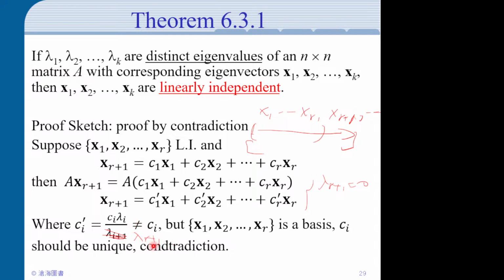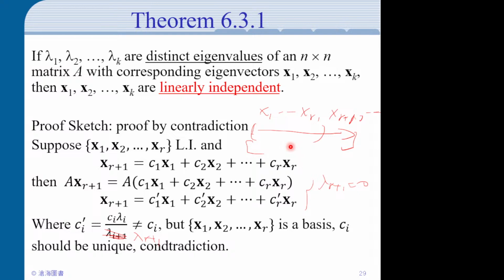But you know lambda r plus 1 is not equal to those lambda i, and so all those coefficients are different. And then you get a different coordinate in terms of this basis for your x r plus 1. And that contradicts the uniqueness in this coordinate, and so you see this is impossible. Okay, hopefully this is not too confusing.